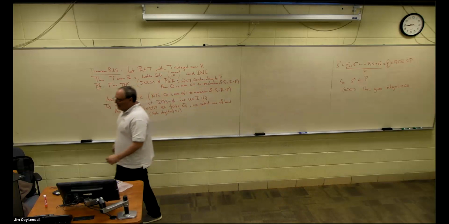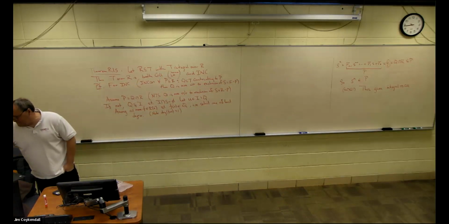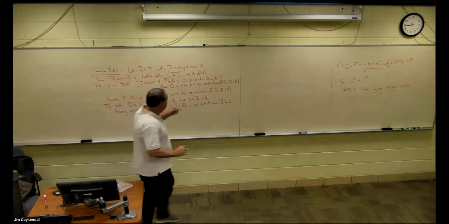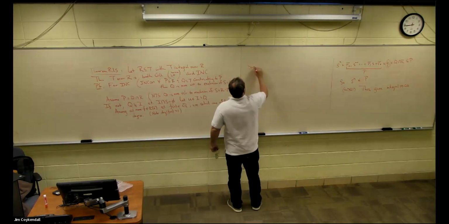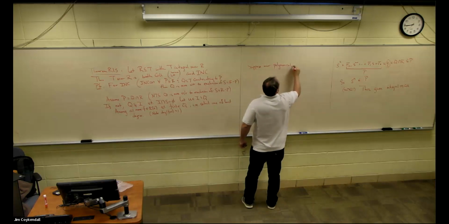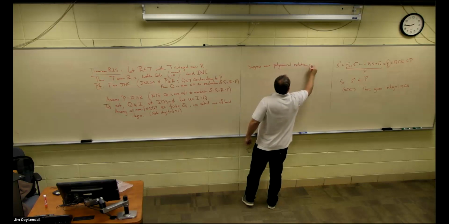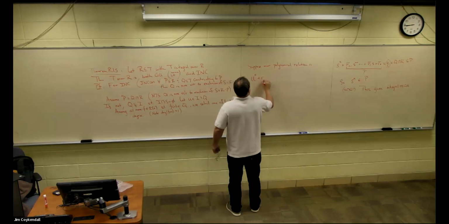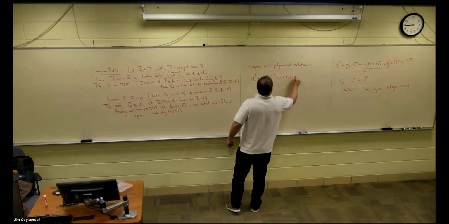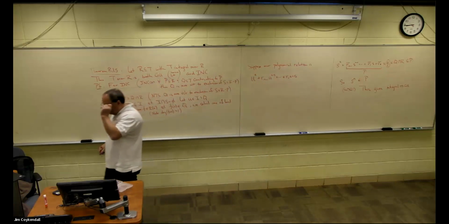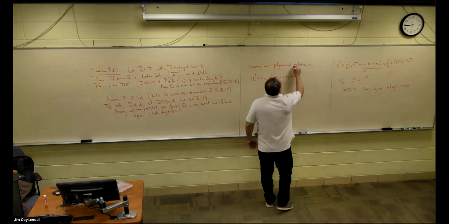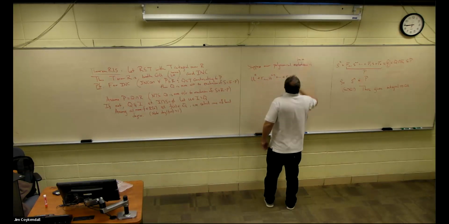Okay, so let's suppose our polynomial relation is U to the n plus R n minus one and so on.